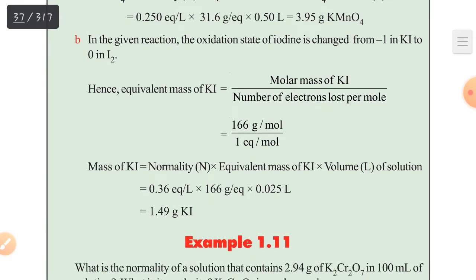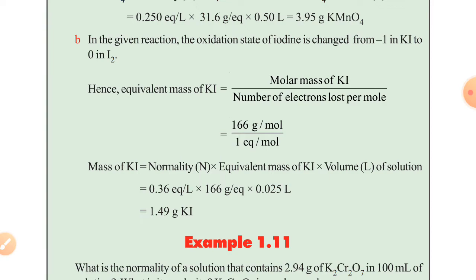In the given reaction the oxidation state of iodine is changed from -1 to 0. Its equivalent mass is molar mass over number of electrons lost per mole. One electron is lost, there is transfer of one electron. So molar mass of potassium iodide is 166, so 166 over 1 is 166.